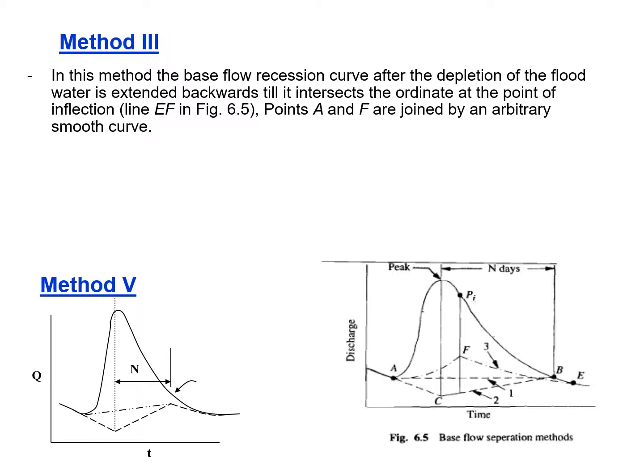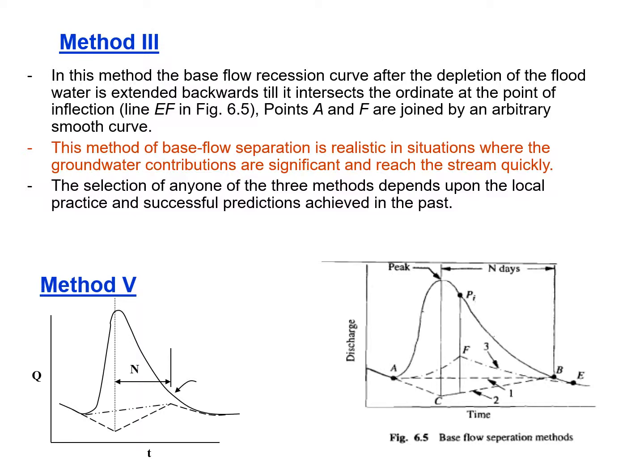Go back to the right figure, 6.5 base flow separation. Find EF; that is a curve up to F, and then points A and F are joined by an arbitrary smooth curve. From A to F we have one curve, and from F to B there will be another curve.